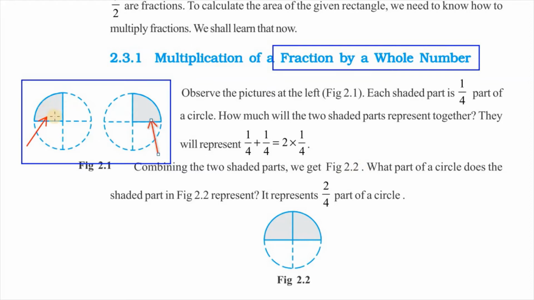Now supposing you just combine these two shaded parts and put them in the same circle, then we get this. What part of the circle does the shaded part represent? It represents 2 out of 4. So you have 1, 2, 3, 4. So the shaded part is 2 out of 4, which you can also get by adding 1/4 plus 1/4.